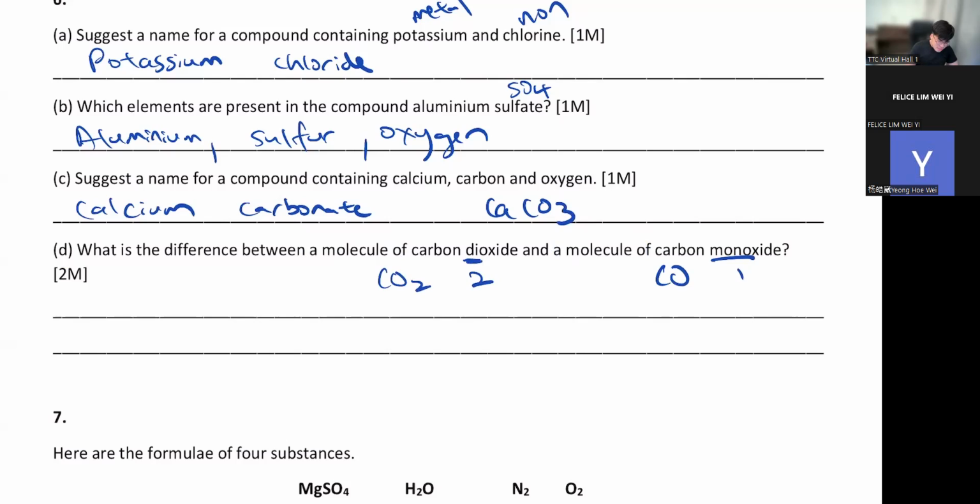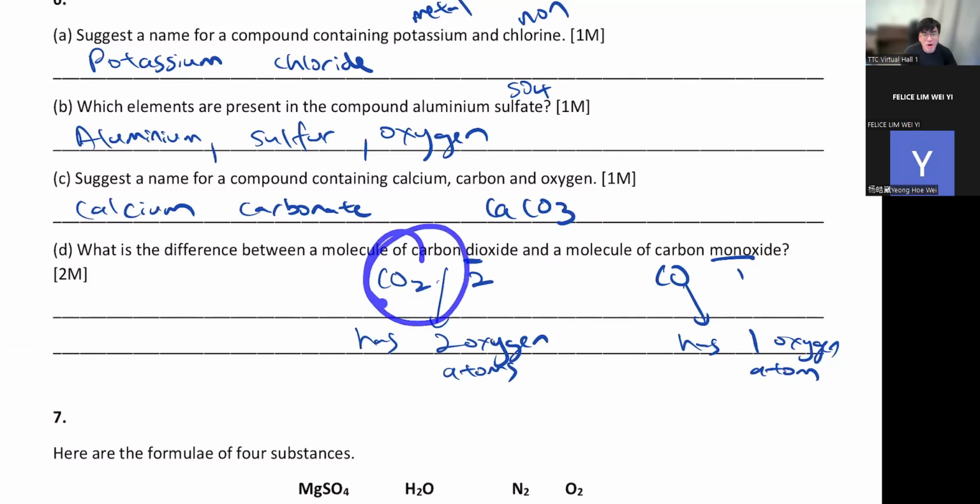So you can say this one has 2 oxygen atoms. This one has 1 oxygen atom. Big difference. This is 二氧化碳. This is 一氧化碳.